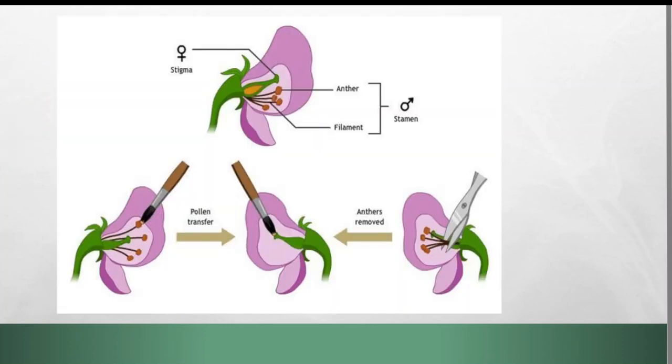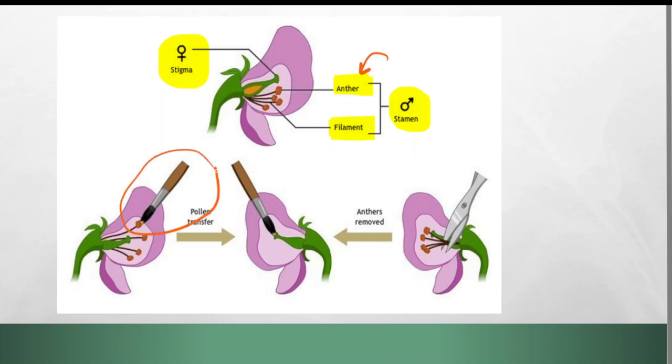I will show you the image. In this figure you have the female part and the male part. You have the anther and filament, and this anther is to be removed. Can you see here?